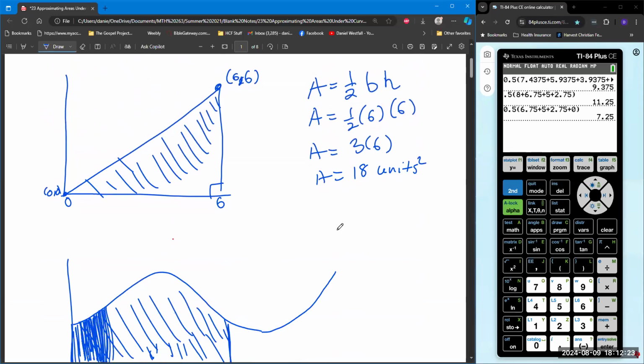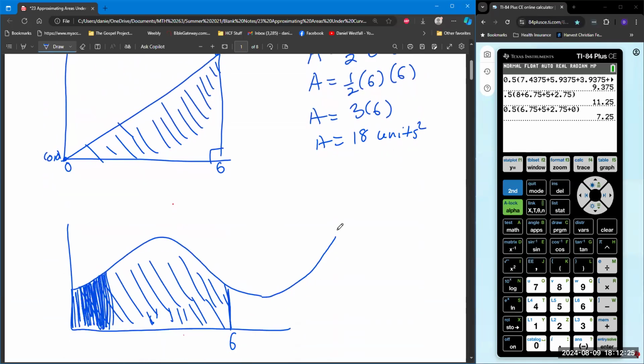So area is one of those things that I can use a definite integral for, but anytime that I want to add up infinitely many infinitesimally small slices of something because something is changing in every instant in time, then I'm going to use a definite integral process or this Riemann sum process to do that.